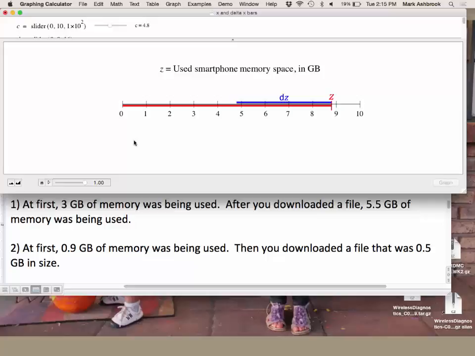Okay, sorry, I'm not hearing that. Z is independent and DZ is dependent.